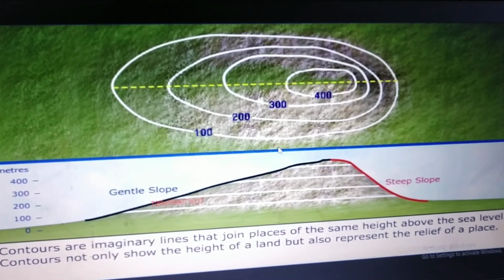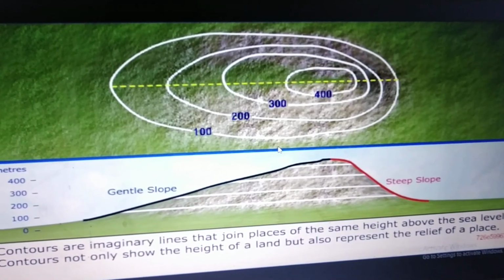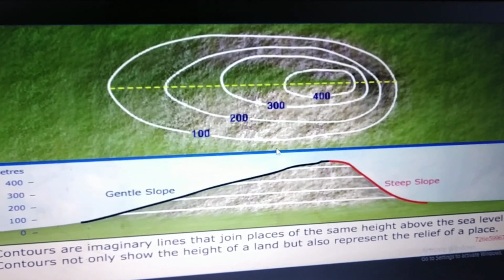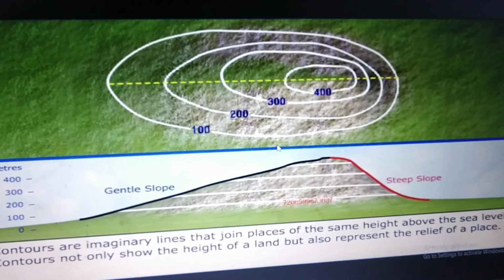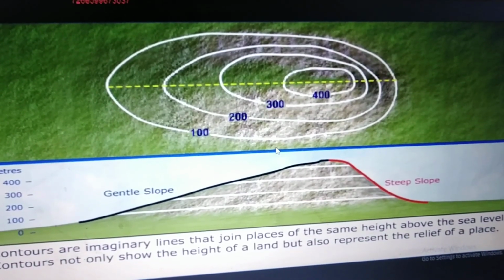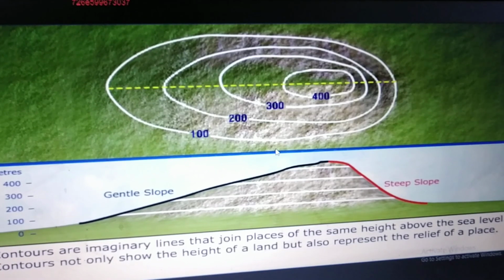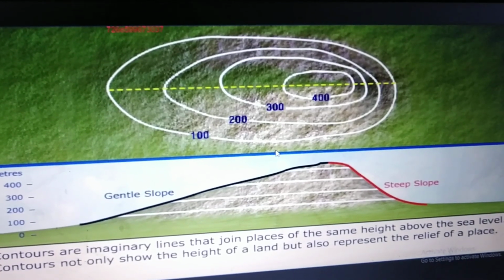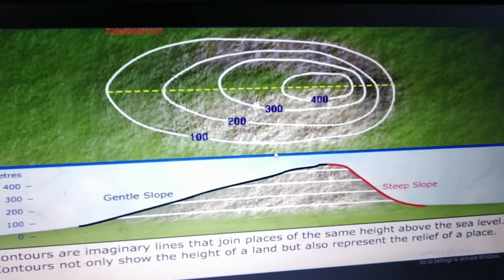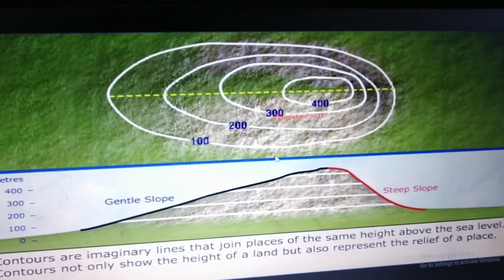By seeing the slope, you see the red line is showing a steep slope. Steep slope means closed contours, closely spaced contours. And this black line is showing gentle slope, that is large space. Large space you can see in the top. Large space is there between the contours, so it will be a gentle slope. Gentle slope means elevation angle will be very less, and steep slope means elevation angle will be more.